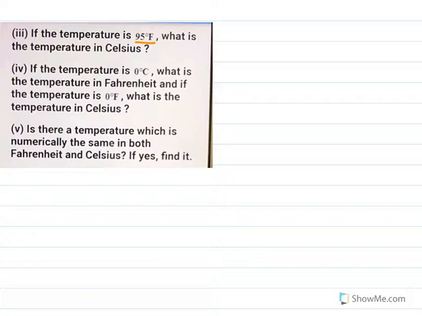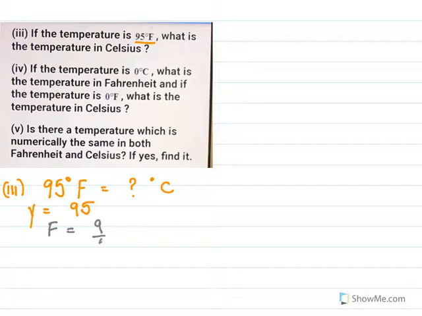If the temperature is 95 Fahrenheit, what is the temperature in Celsius? So for the next one, 95 degrees Fahrenheit equal to how much Celsius? We have taken the Fahrenheit as y, so y is 95. We know our equation was Fahrenheit equal to 9 by 5 Celsius plus 32.